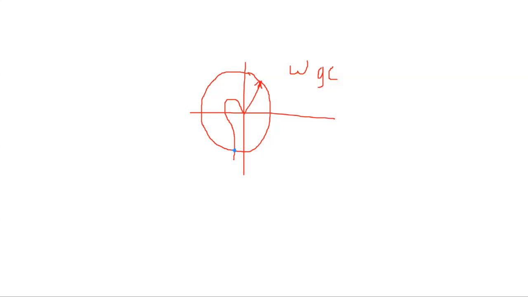Another thing is, we need to locate omega PC. To calculate omega PC, we need the intersection with the negative real axis, because we need the angle to be minus 180 degrees. In the S plane, this negative real axis is nothing but the minus 180 degrees line.